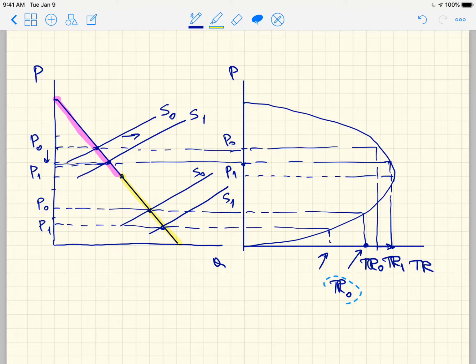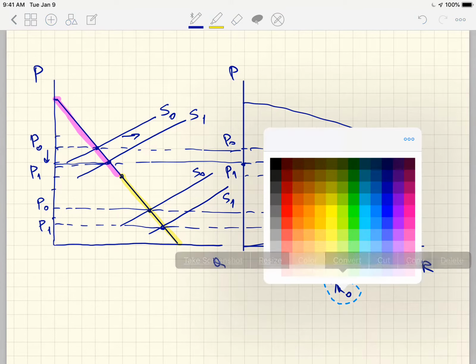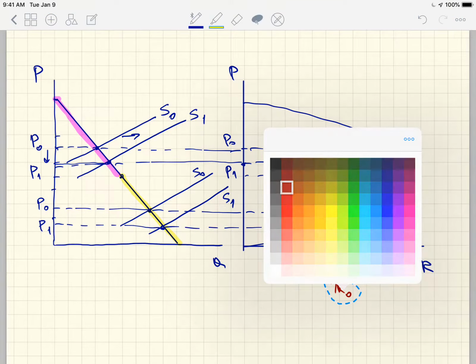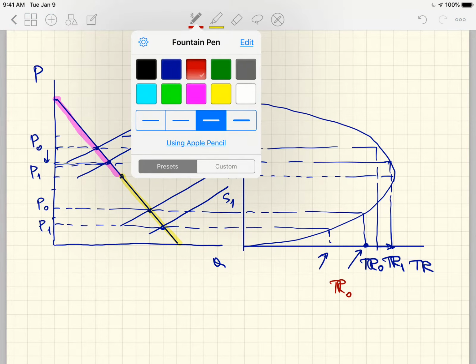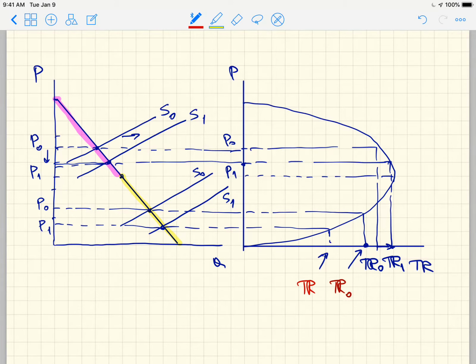I can maybe change colors so we don't confuse those total revenues. So total revenue 0 red, and total revenue 1 red, or red total revenue 1 and red total revenue 0.